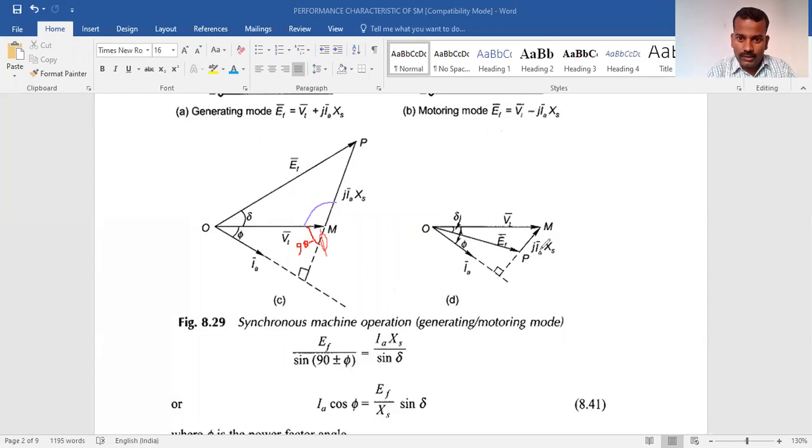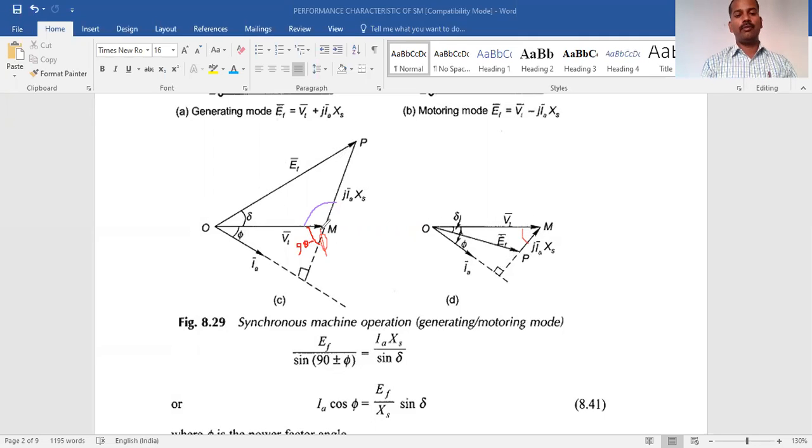This is the OMP triangle, and this angle will be simply 90 minus phi, right? Because this is phi, this is 90, and hence this angle will be 90 minus phi. Hence it is taken simultaneously as 90 plus or minus phi.